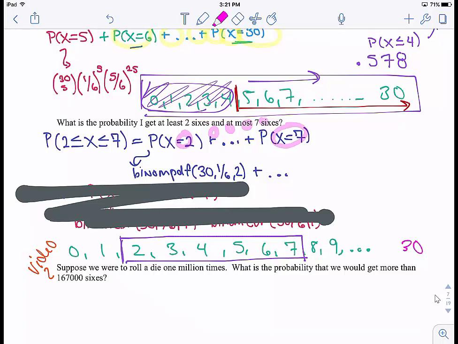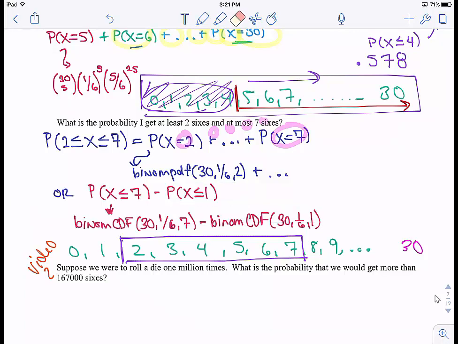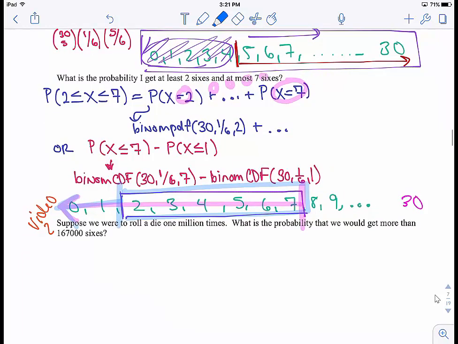Or again, we can use the idea of subtraction. So for that, we'll go from here over and then subtract from here over. And we'll be left with that middle piece that we were looking for. And I don't have that answer. You'll have to go ahead and figure that out and then watch video 2 to see what would happen if we did it 1 million times.